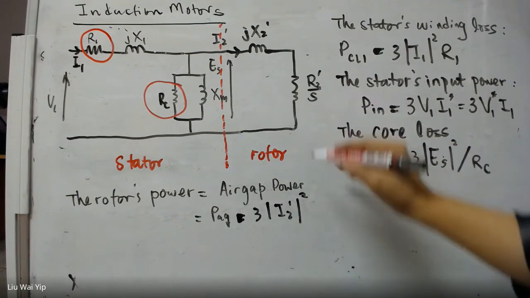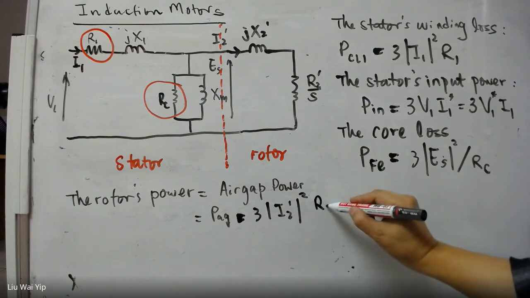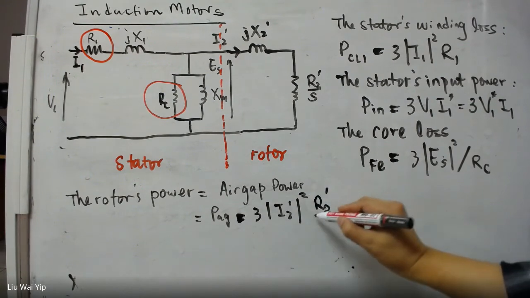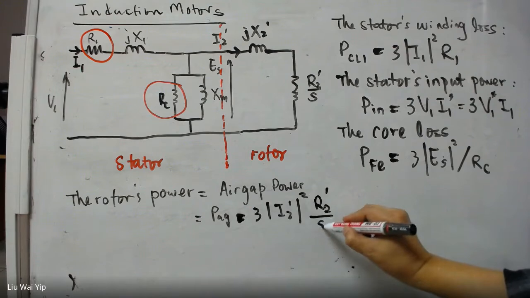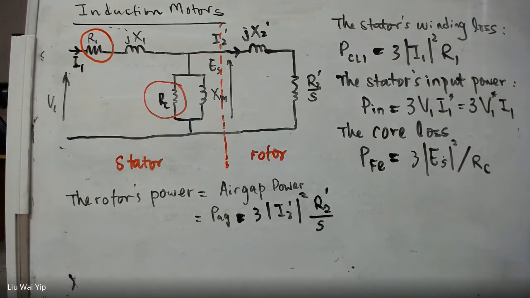The resistance is R2 dash divided by S. So with this in mind, we can continue to model the circuit.